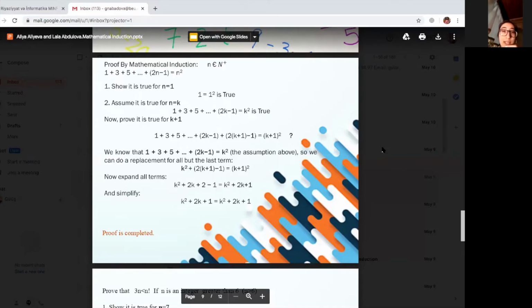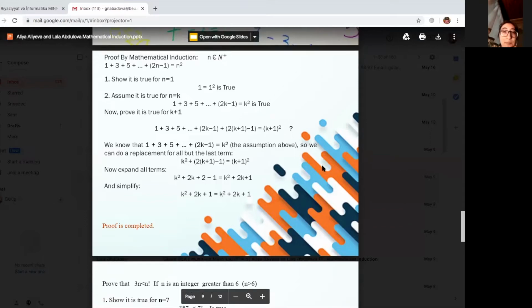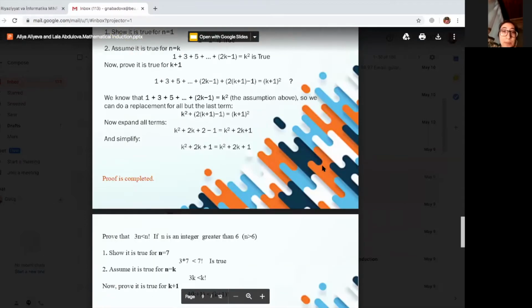We write k instead of n, and we get 1 plus 3 plus 5 plus up to 2 times k minus 1 equal to k squared is true. Then we must look at k plus 1, and we get 1 plus 3 plus 5 up to 2 times k minus 1 plus 2 times k plus 1 minus 1 equal to k plus 1 squared.